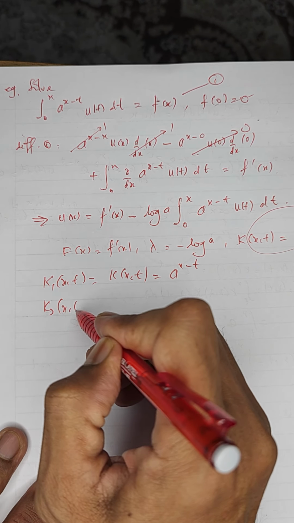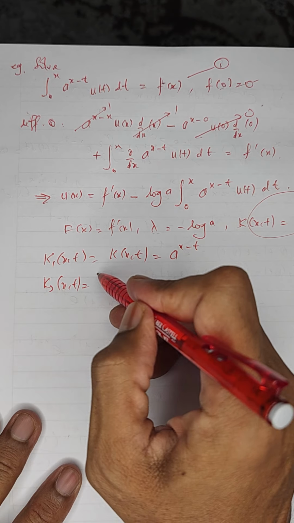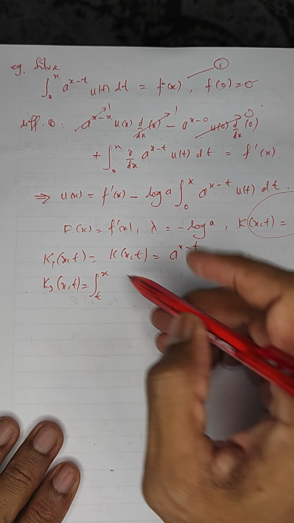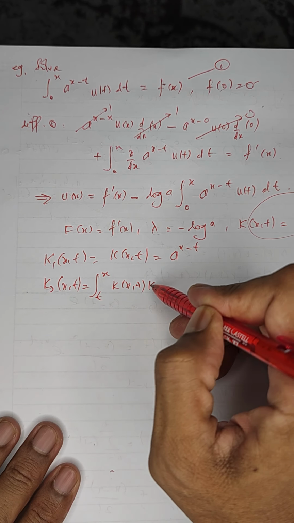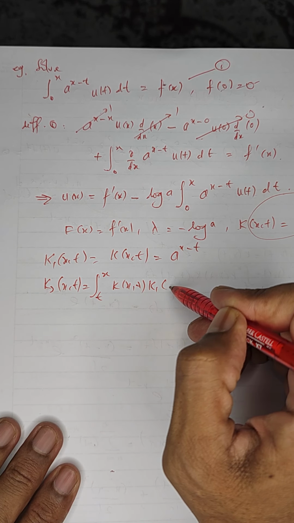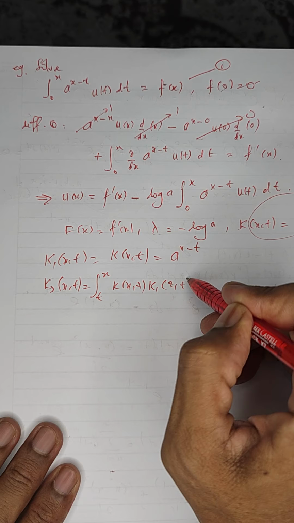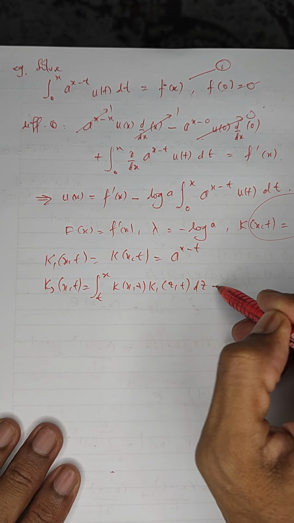K2(x,t): we integrate from t to x of k(x,z) k1(z,t) dz.